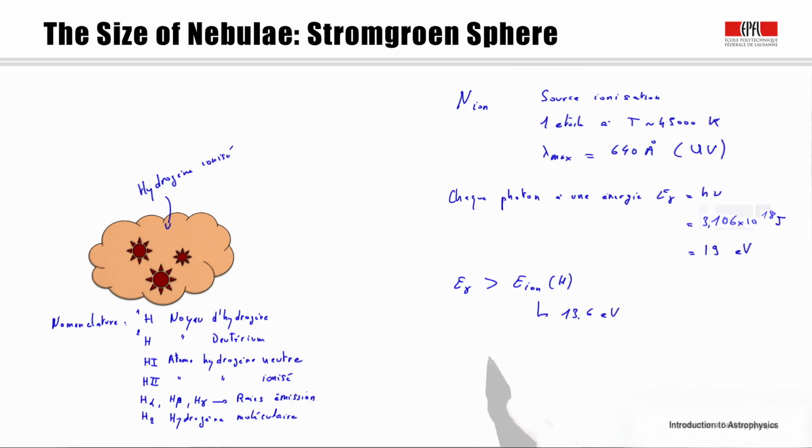It means that if a star surrounded by hydrogen is considered, then, with a good approximation, all the hydrogen in the nebula is ionized because of the photon flux carrying an energy higher than the hydrogen ionization energy.